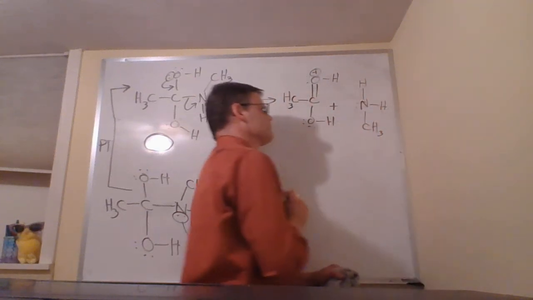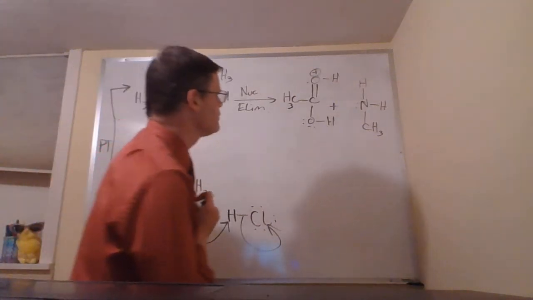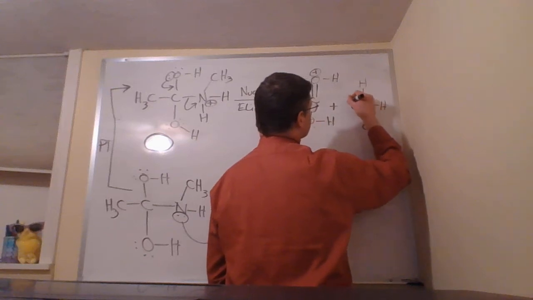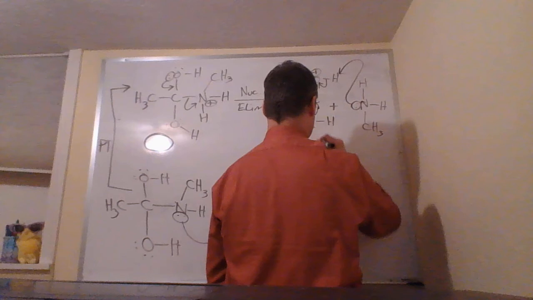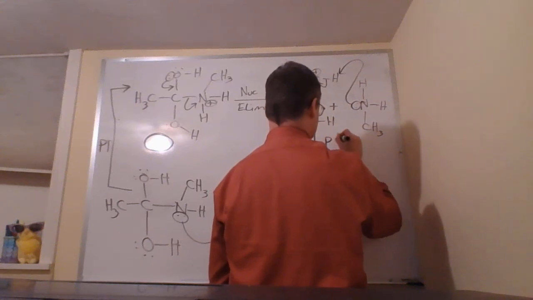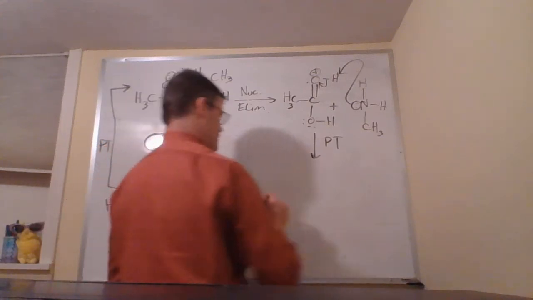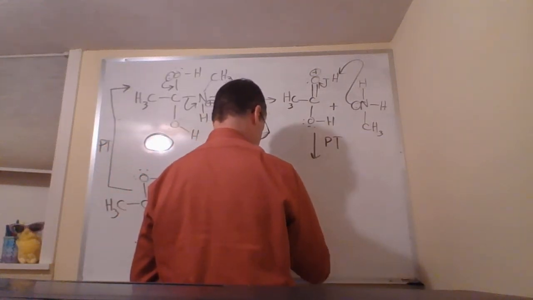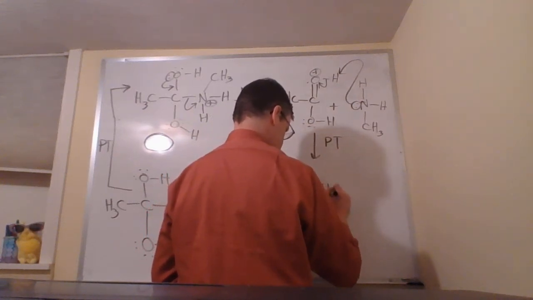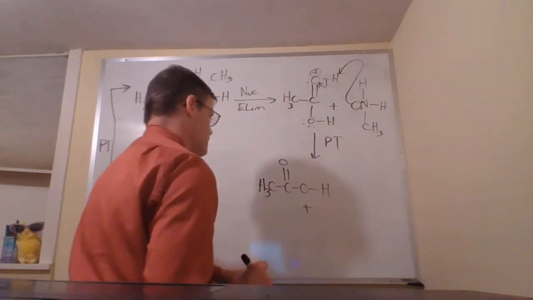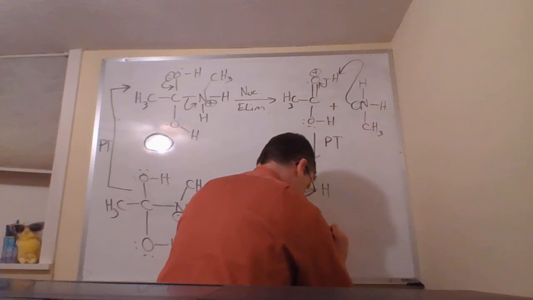Okay. Got a Bronsted base sitting there. It's hungry for some protons, so it's going to do it. I'm going to finish up with a proton transfer. I'm going to erase this, and that's ultimately going to get me acetic acid in this case, plus this protonated amine.